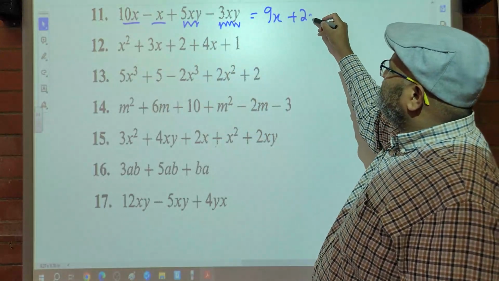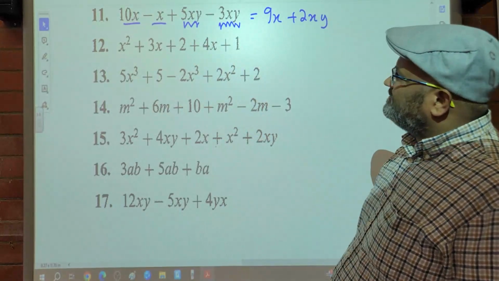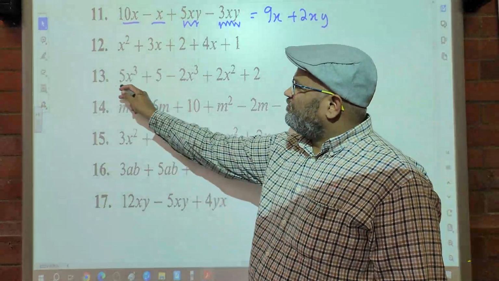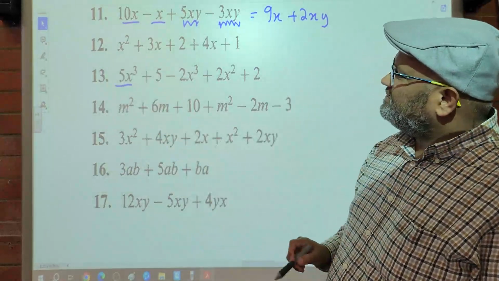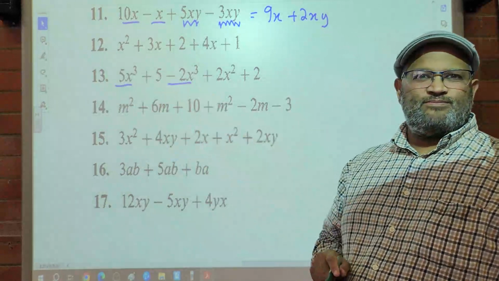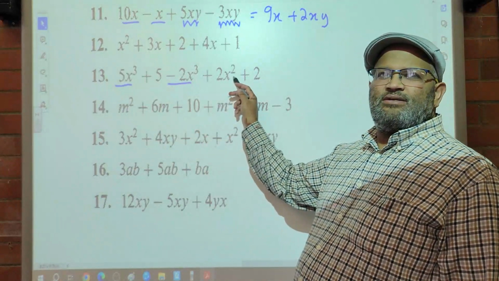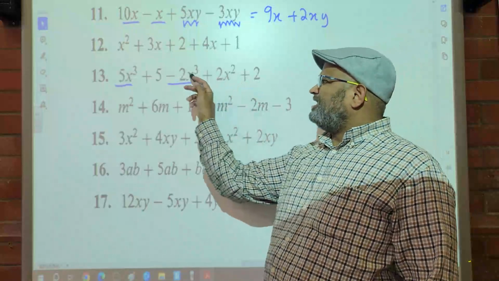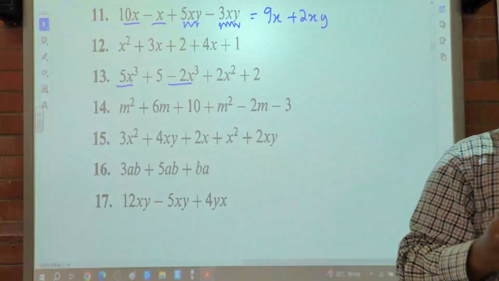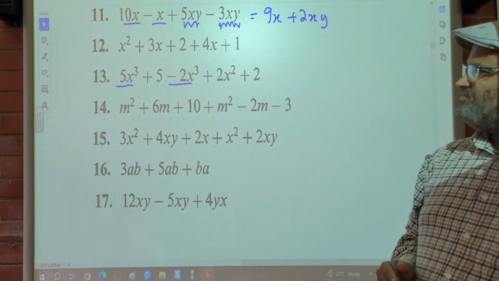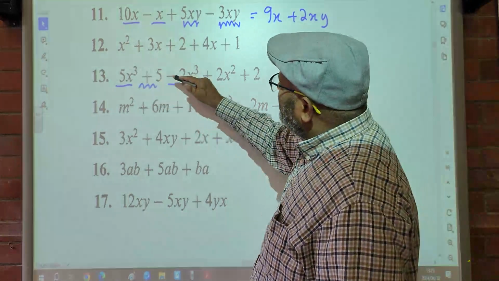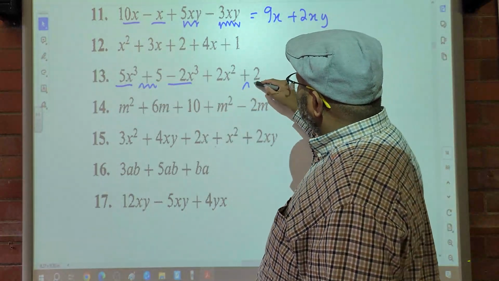Look at number 13. 5x cubed is a like term to negative 2x cubed. Is it a like term to 2x squared? No. This is squared and that is cubed. The indices or the exponents must be the same. Then 5 is a like term to 2.